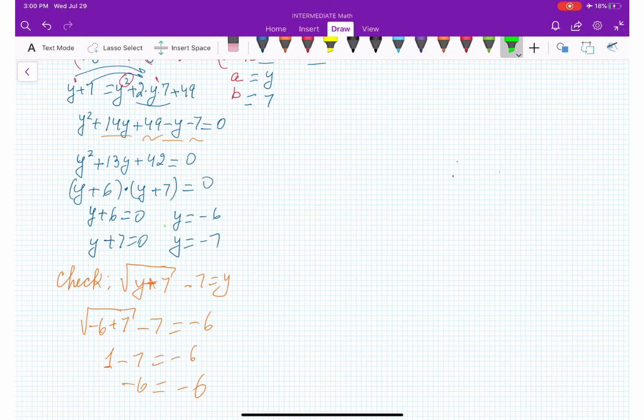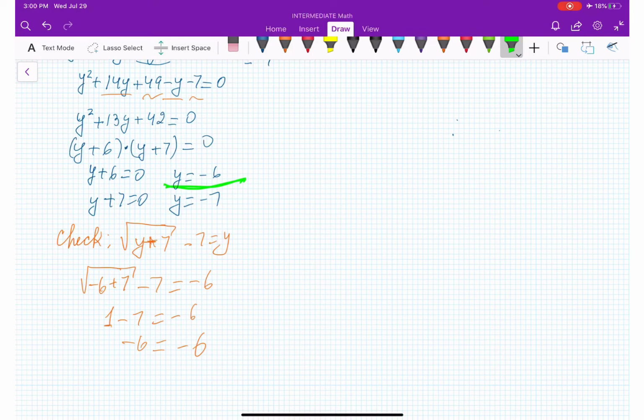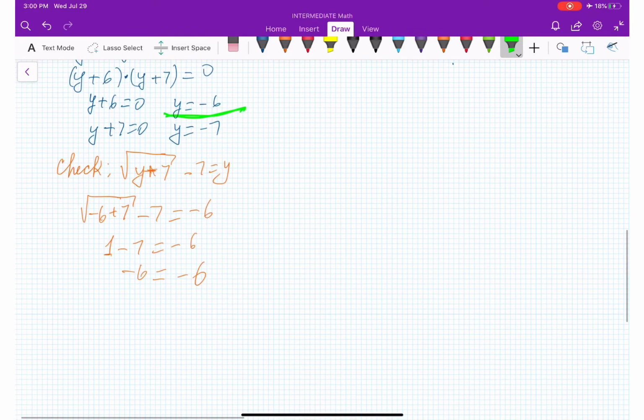This is answer. Now, when I said we have to check it, it doesn't mean we're always going to get one incorrect. No solution. It can be that both will be solution. So let's check this one. I don't know if both of them are going to be solution. I'm just saying. So it's not necessarily always going to be one. Can be both. So square root y plus 7 minus 7 equal y. Now we are taking negative 7.